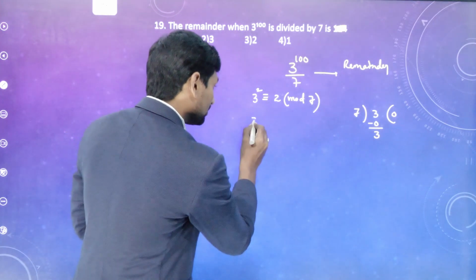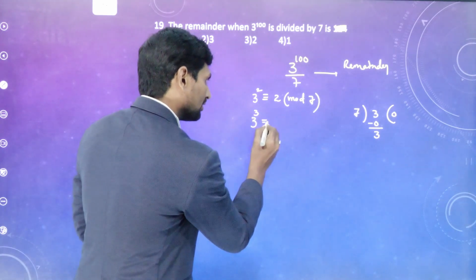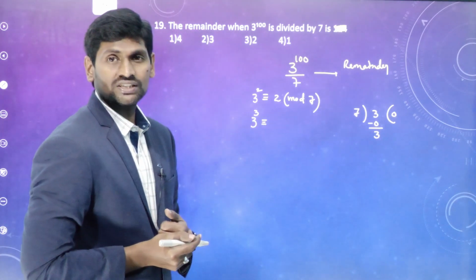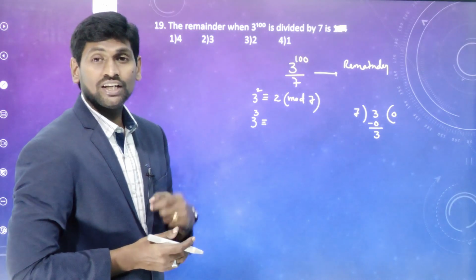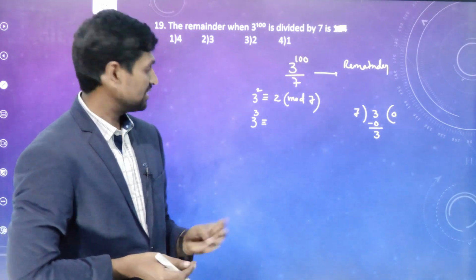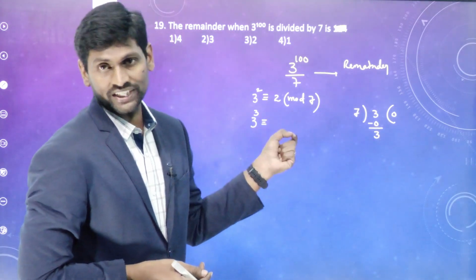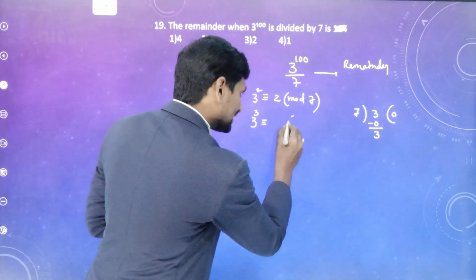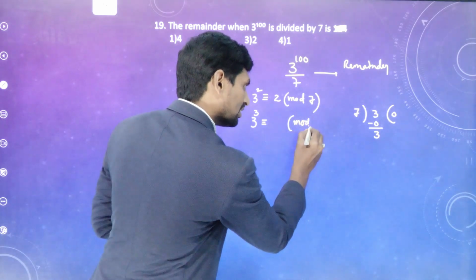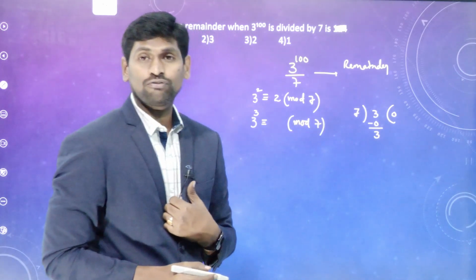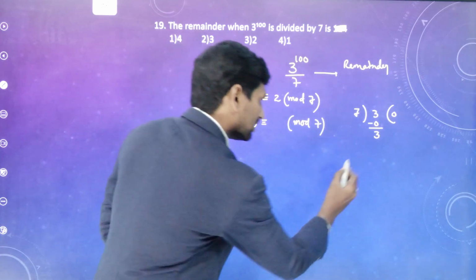3 cube value how much? 3 into 3 into 3, 27. 3 3s 9, 9 3s 27. But 27 will come in 7 table, 7 4s 28 will come.